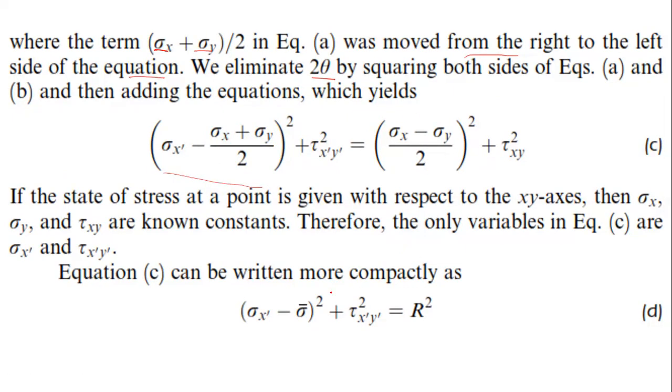If you recall the equation of a circle, it is x minus h squared plus y minus k squared is equal to r squared.